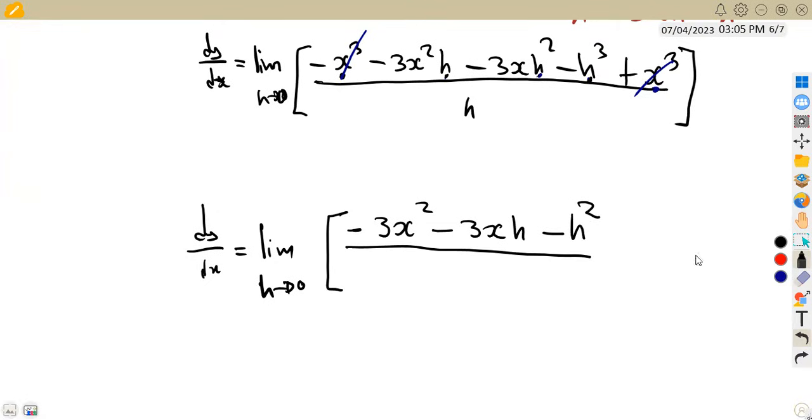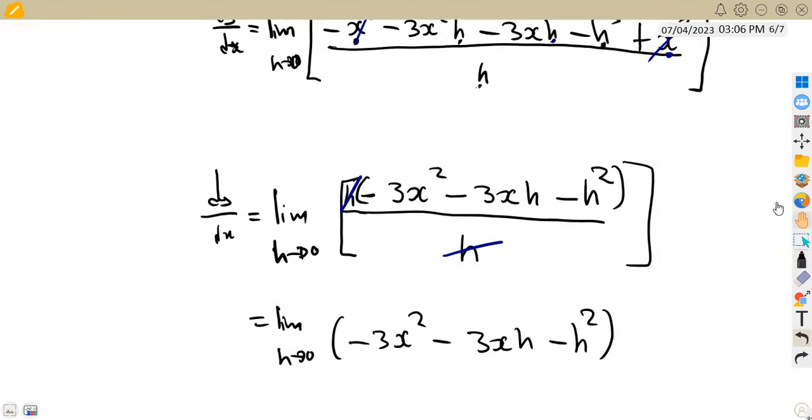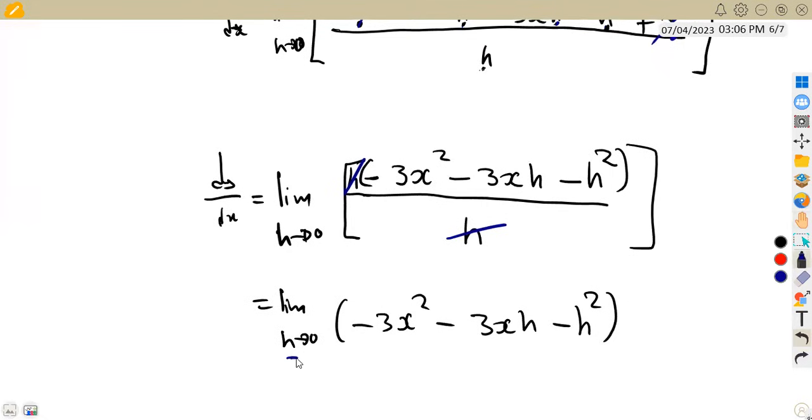Take note, we've got our h here, the one that we factored out. Everything is over this h. So the h and the h here will cancel, the one outside of the bracket. We remain with the limit as h approaches 0 of minus 3x squared minus 3xh minus h squared, where we can now apply our limit as h approaches 0.